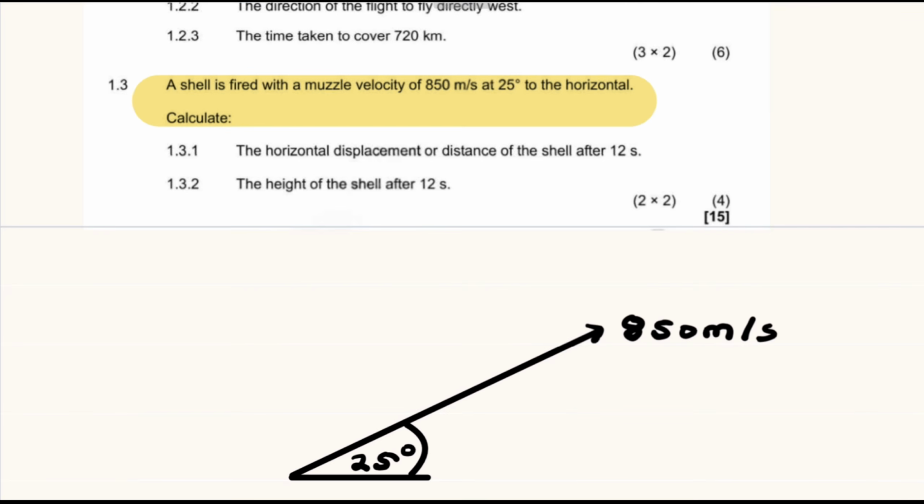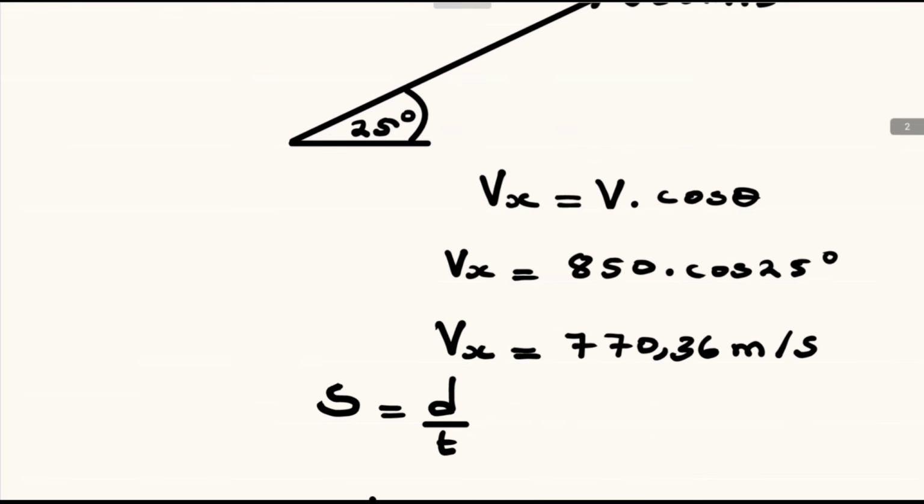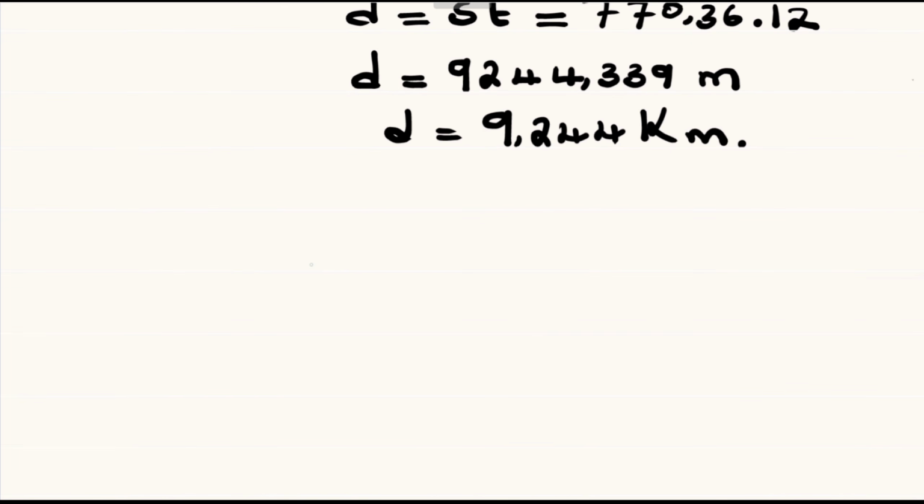Question 1.3.2, we have to determine the height of the shell after 12 seconds. So the height deals with vertical motion, so we resolve the velocity to its vertical component. So Vy will be equal to V multiplied by the sine of theta.